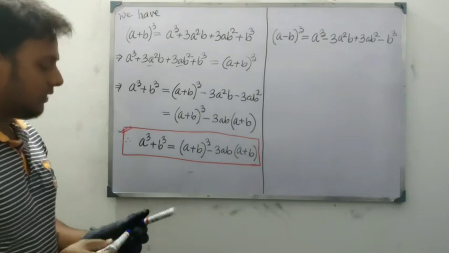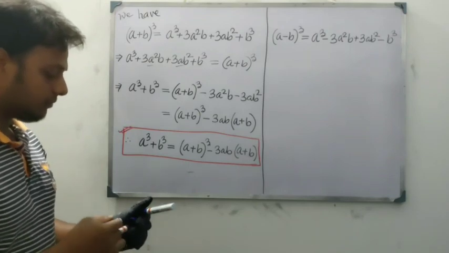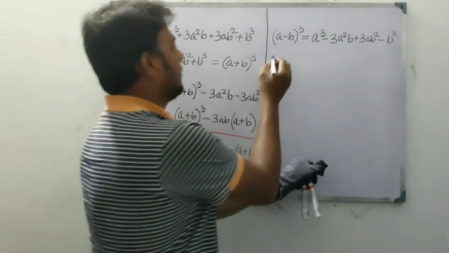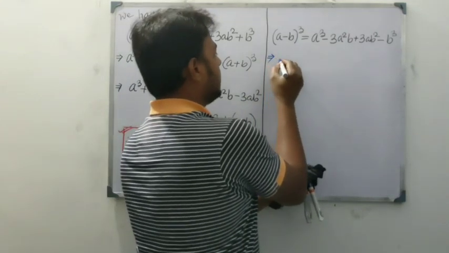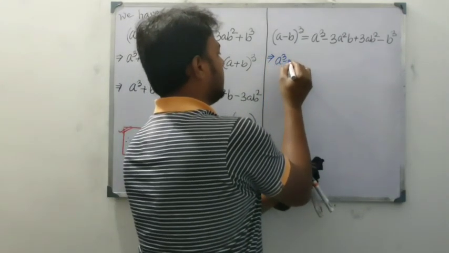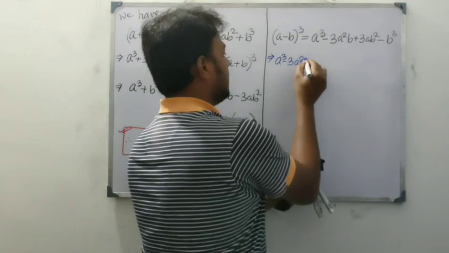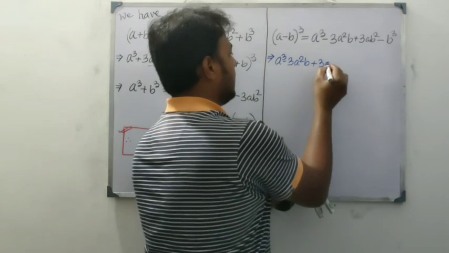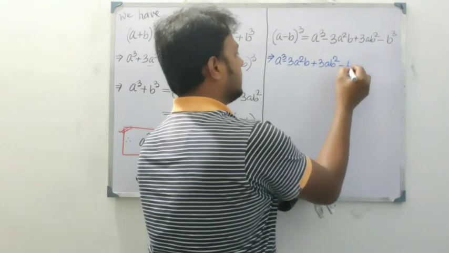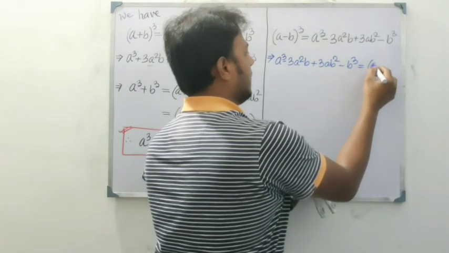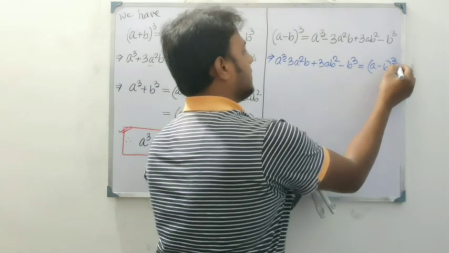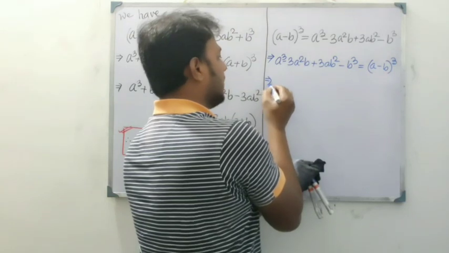Okay, I am deriving. Look at the board. Just write it in the converse way. Then a³ − 3a²b + 3ab² − b³ = (a − b)³.